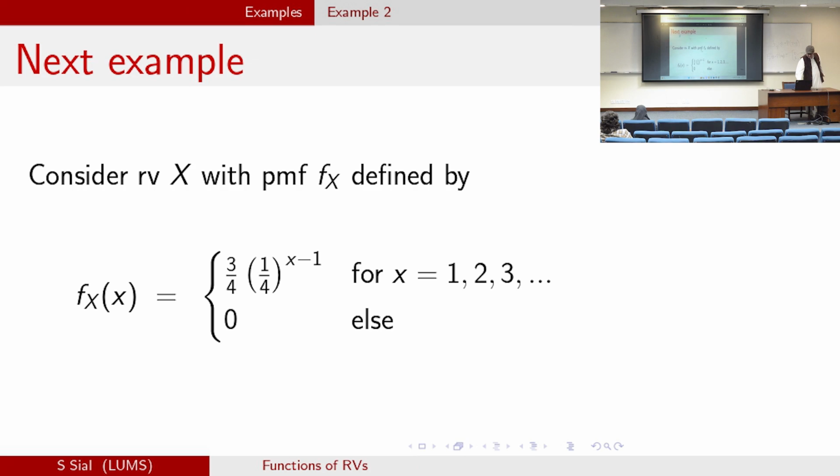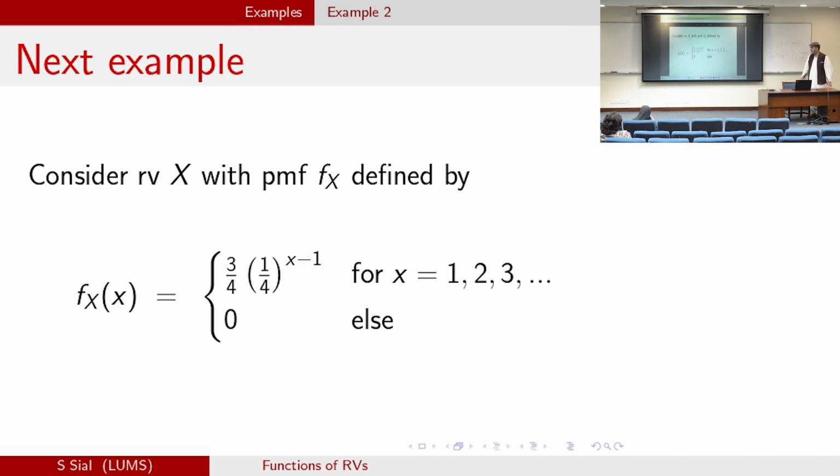All right, another example. I have a random variable, x. It has a PMF, which takes values 3/4 times 1/4 to the x minus 1 for x equals 1, 2, 3, and so on. And x is not allowed to take any other value except 1, 2, 3, and so on.